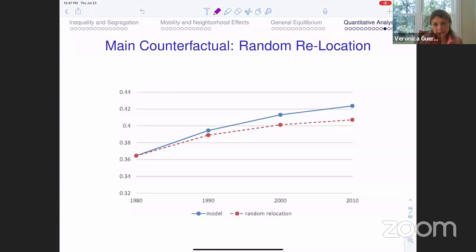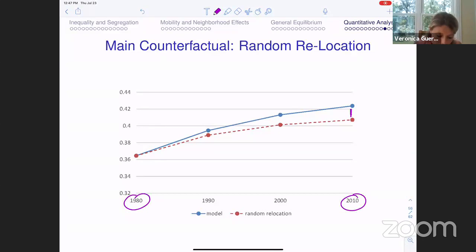Here is what we get. The blue line is inequality in the model. And the red line now is the inequality in a model where we randomly relocate families. So you see that inequality in this counterfactual still increases, but increases by less. And if you calculate the cumulative increase between 1980 and 2010, this difference accounts for 28% of the increase in inequality.